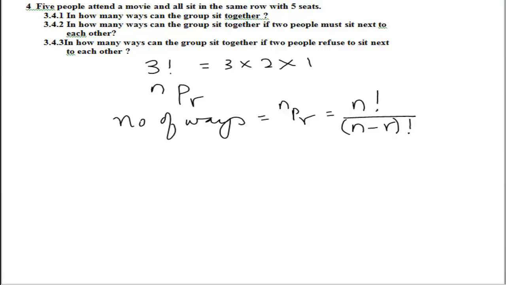So the number of ways is 12 permutation 3. Now 12 permutation 3 is 12 factorial over 12 minus 3, which is 9 factorial, because you're excluding all the others. So it will be 12 times 11 times 10.